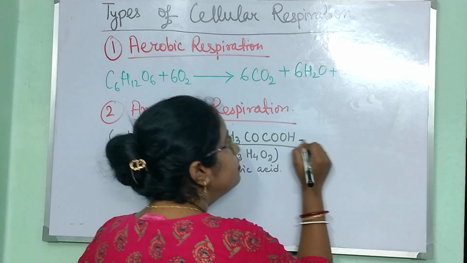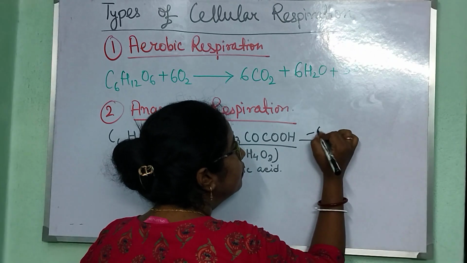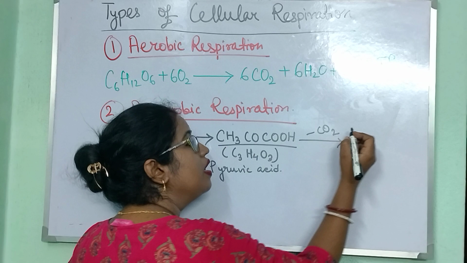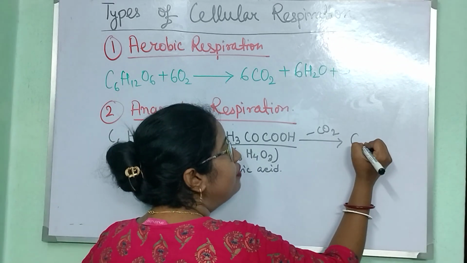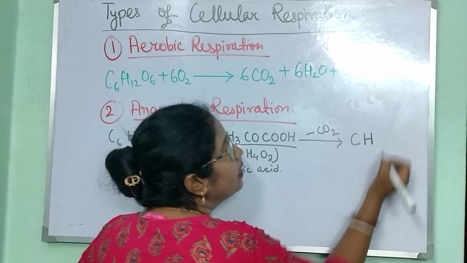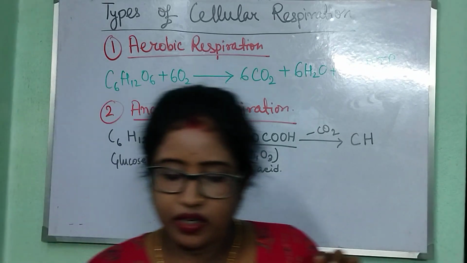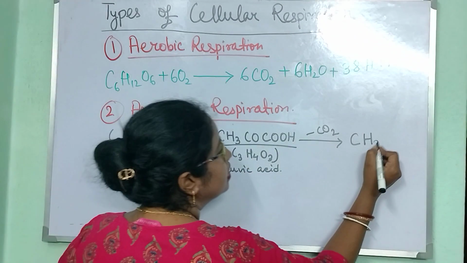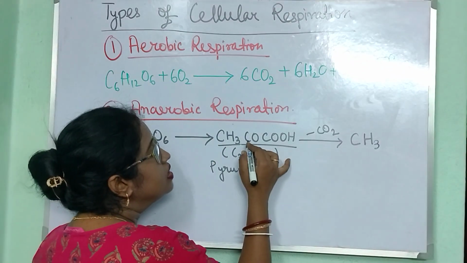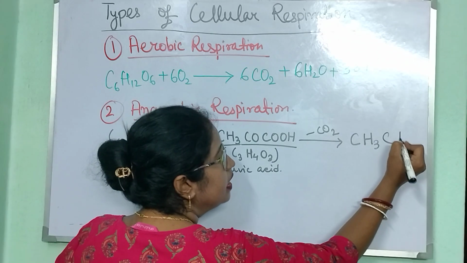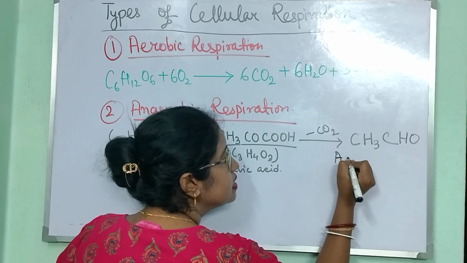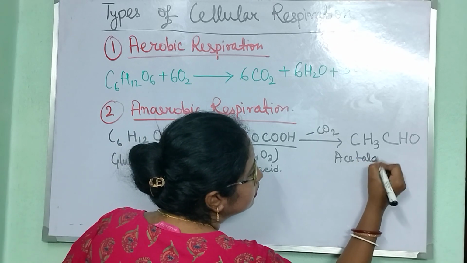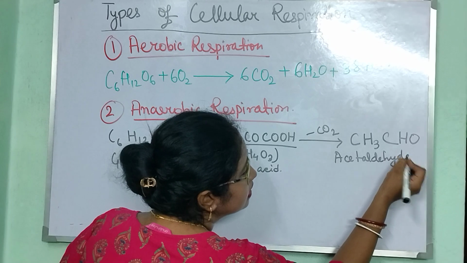The pyruvic acid is first converted, one carbon dioxide molecule exits from this structure, and acetaldehyde forms, that is CH3CHO. This is known as acetaldehyde.